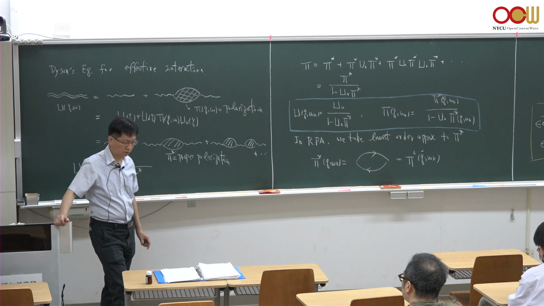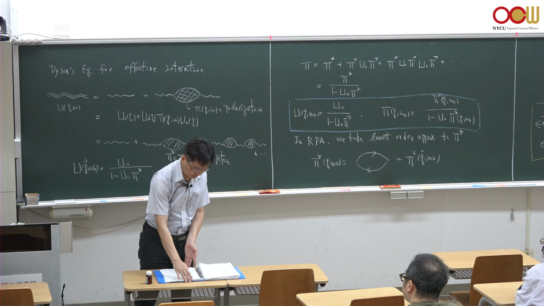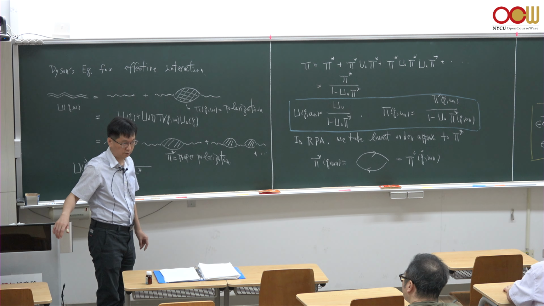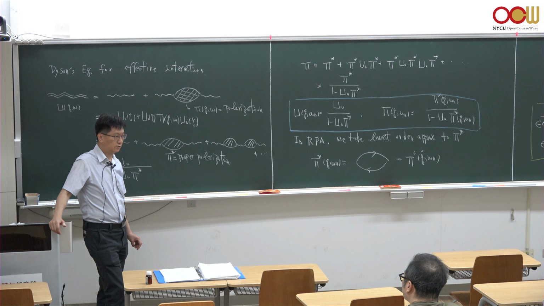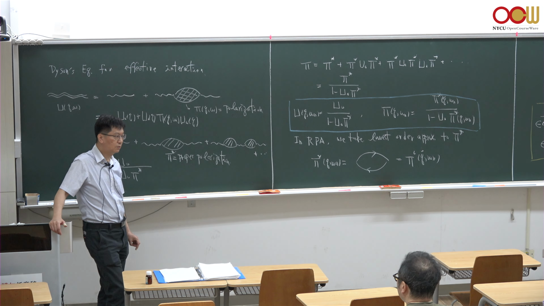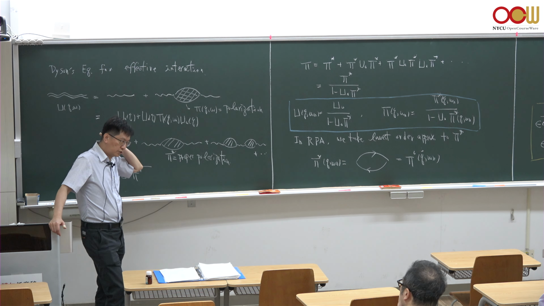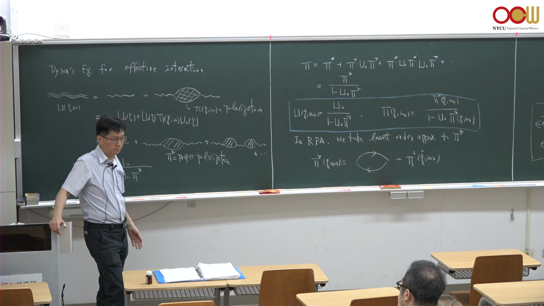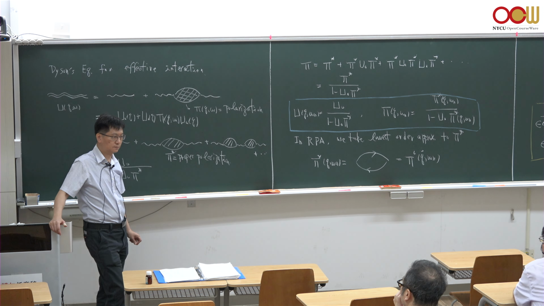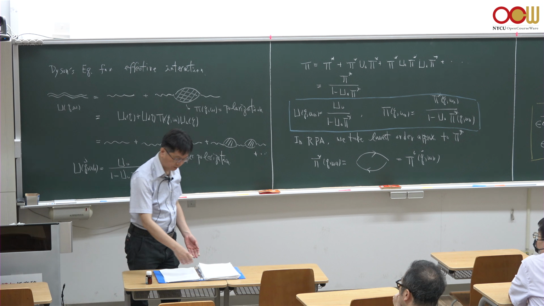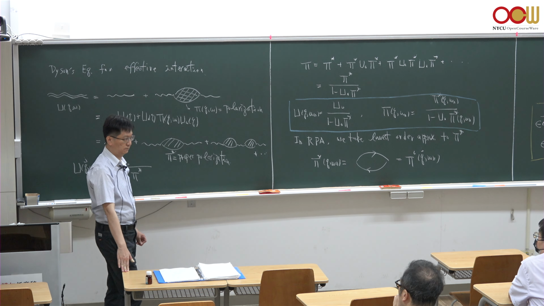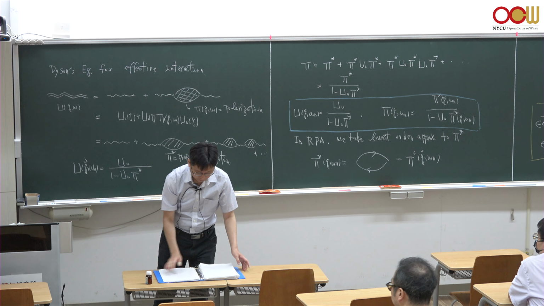But of course, for magnetic materials, this may not be sufficient. You may take into account other effects such as spin-spin coupling. But we are just studying a very simple system, mostly metals or Fermi liquids, ordinary metals. But even so, this is highly non-trivial. All right? Okay, good. So I'll see you tomorrow then.